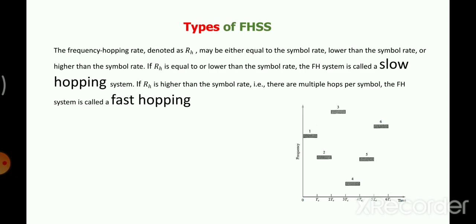The same thing is written here. The frequency hopping rate, denoted as RH, may be equal to, greater than, or lower than the normal symbol rate. If RH is equal to or lower than the symbol rate, then it is slow hopping. But if RH is higher than the symbol rate, then it is called fast hopping. So remember the 2 things I have told you.